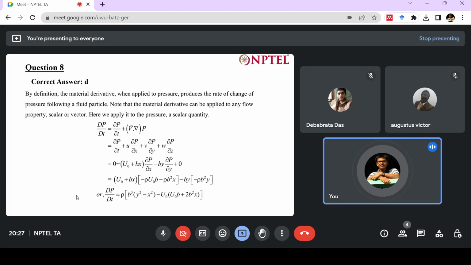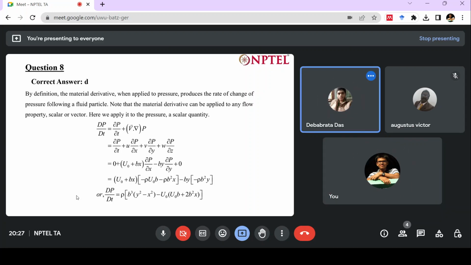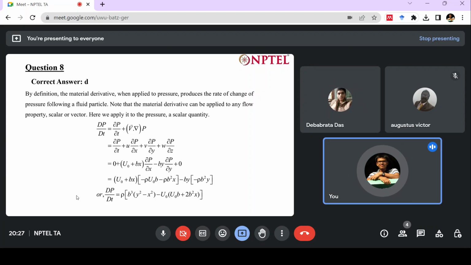So we have studied vorticity here, right? So what is vorticity? This is the curl of velocity, right? And how is circulation defined then?